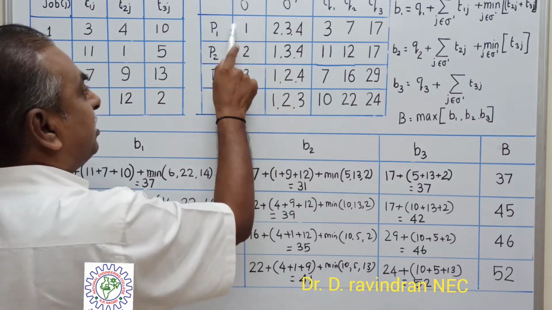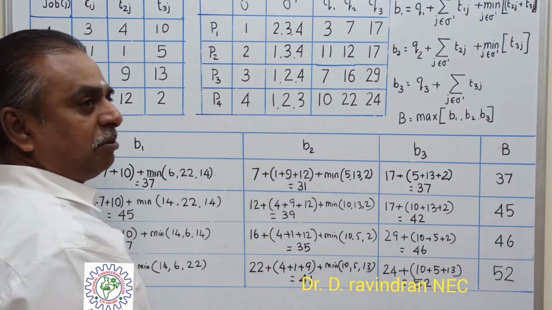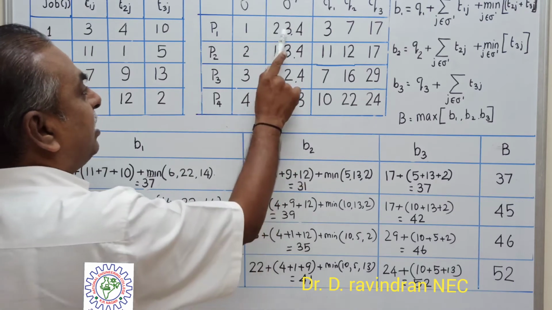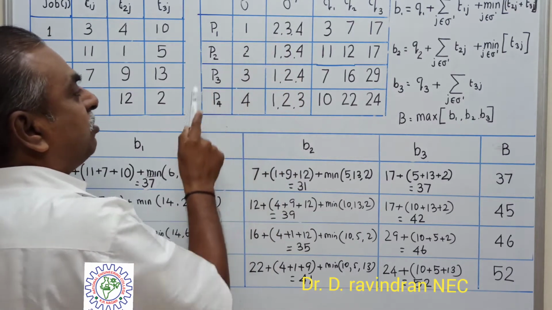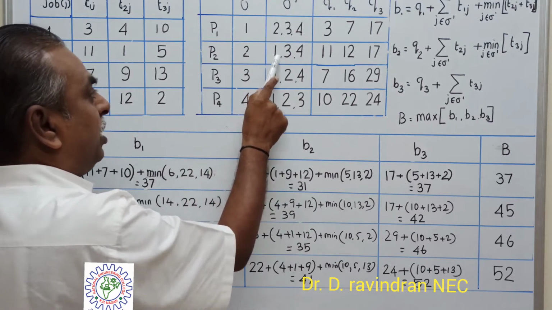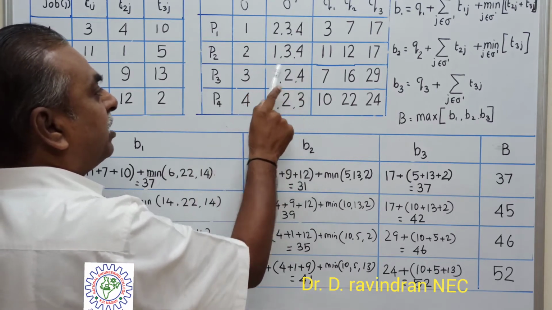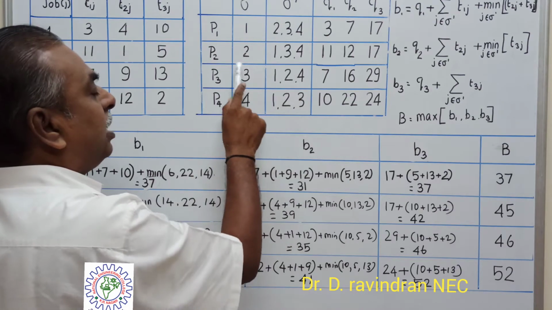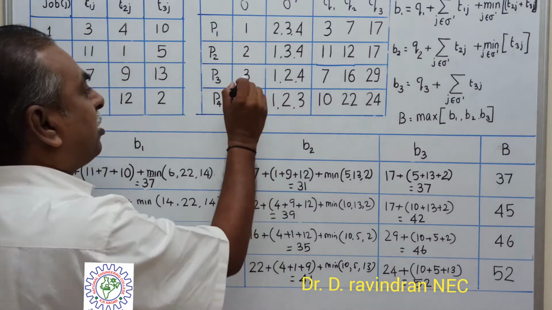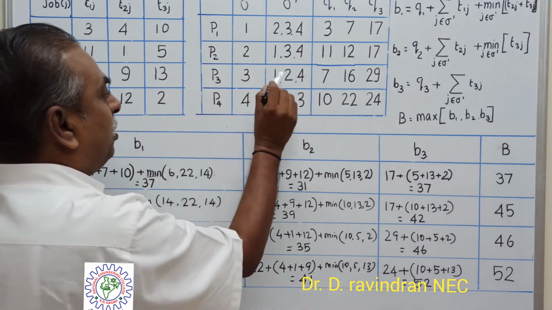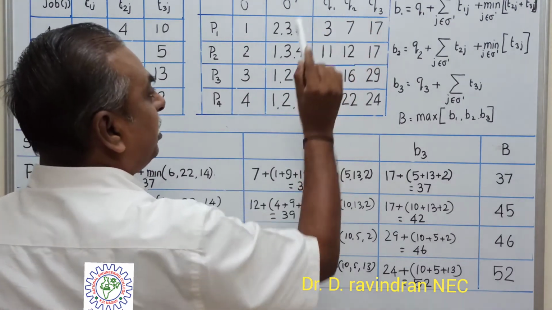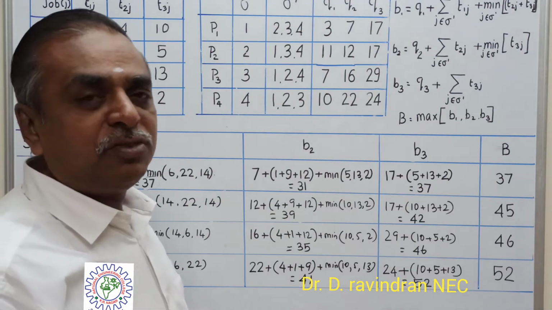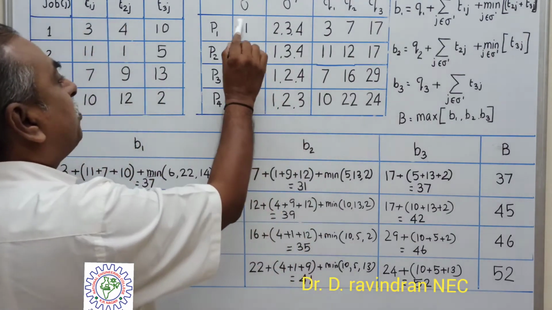Similarly, when you decide the second job to be carried out first, then jobs 1, 3, 4 will be remaining. Similarly, if you think of processing the third job first, then 1, 2, 4 will be remaining. Now Q1, Q2, Q3 are the completion times of these jobs when this one is processed.